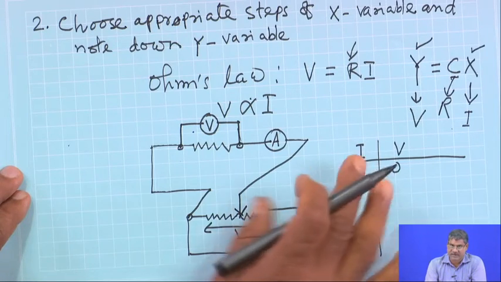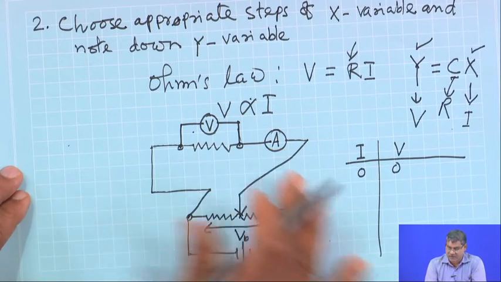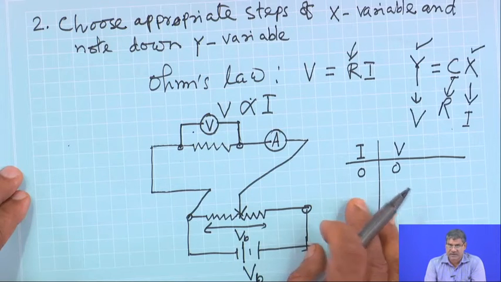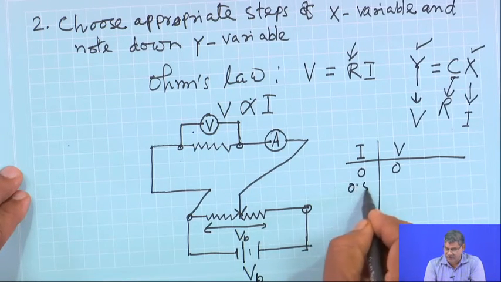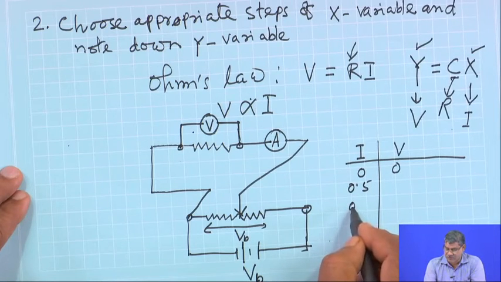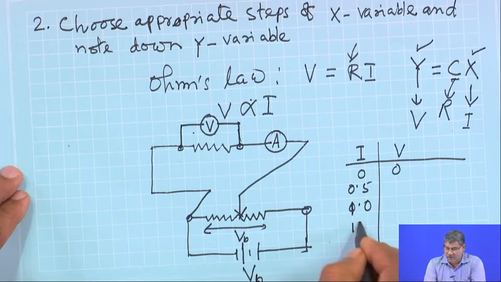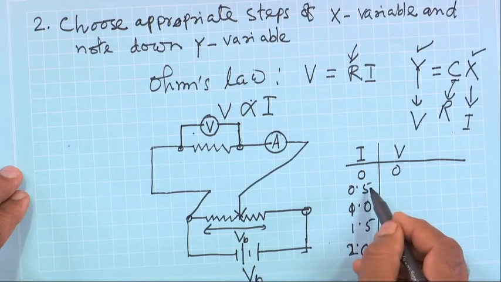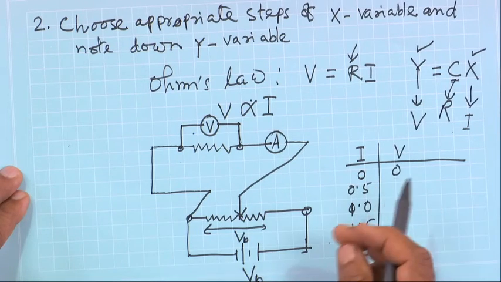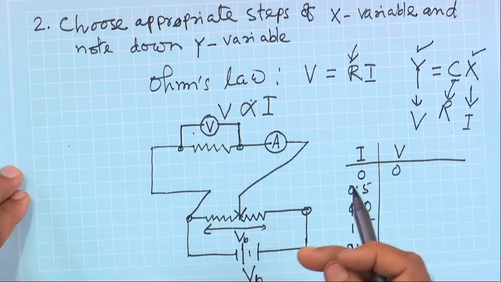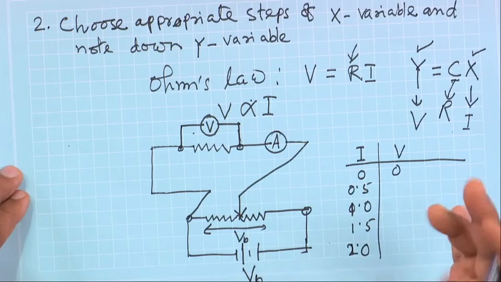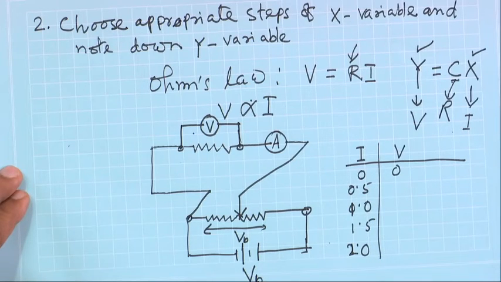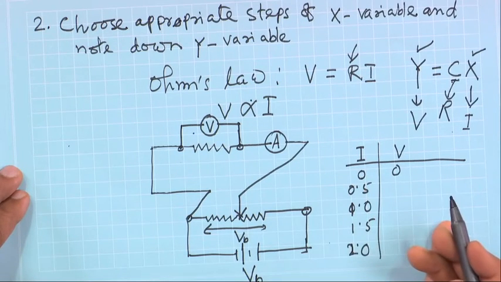Say we choose ampere. Now the next step you change by 0.5 ampere, then 1.0, then 1.5, then 2.0. So that way we vary it, and the step I have taken is 0.5 ampere. I am increasing the I value in steps of 0.5, and throughout this measurement I have maintained that step.